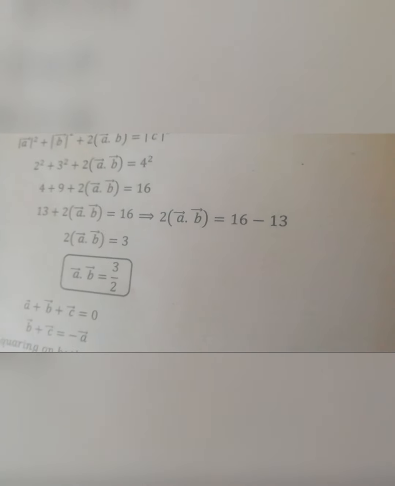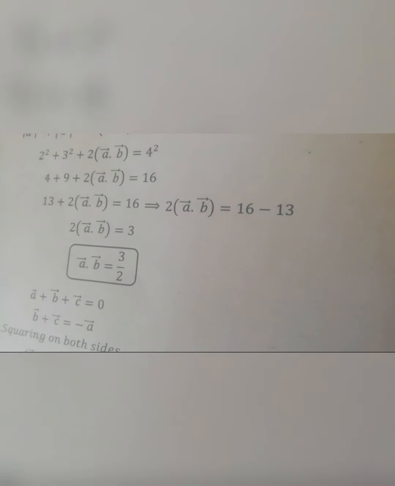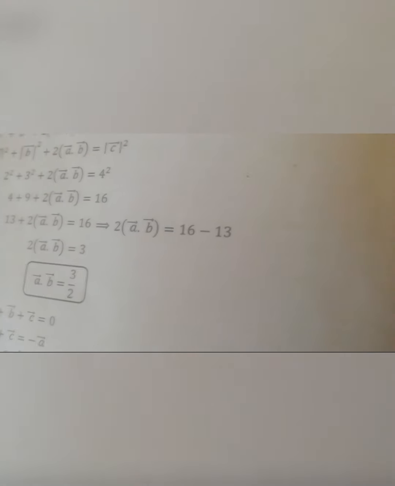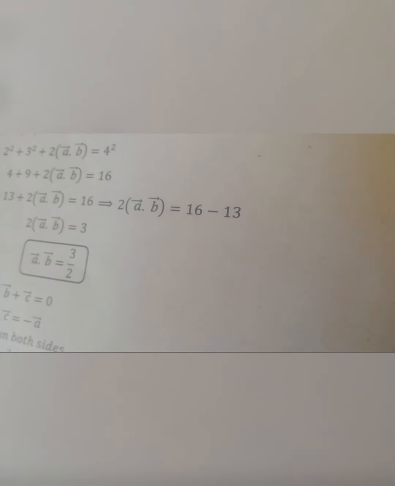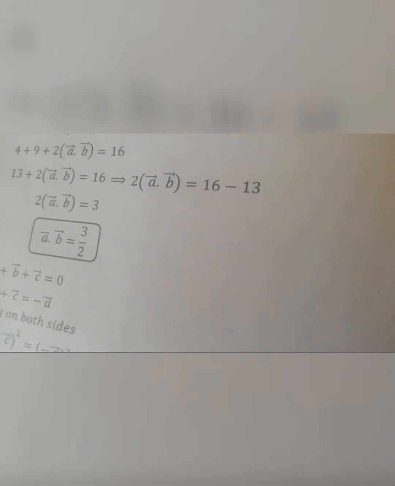So 2 square plus 3 square plus 2 A dot B. A dot B value you don't know. You can find the A dot B value. So you can keep it simply A vector dot B vector equal to 4 square. So 16. Next 4 plus 9 is 13. So 13 comes this side means 16 minus 13 is 3. So A dot B is equal to 3 by 2.